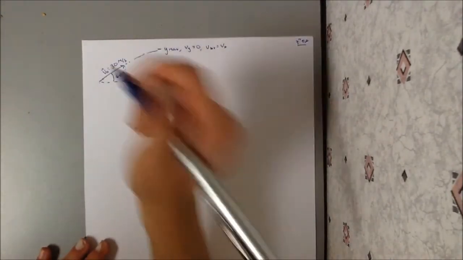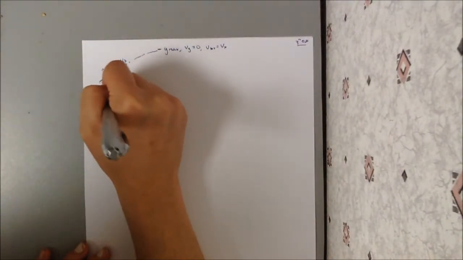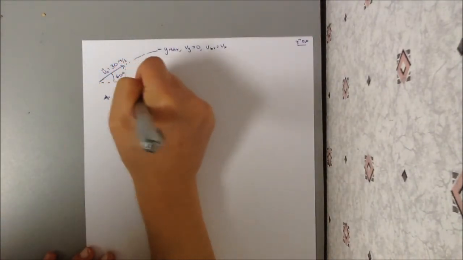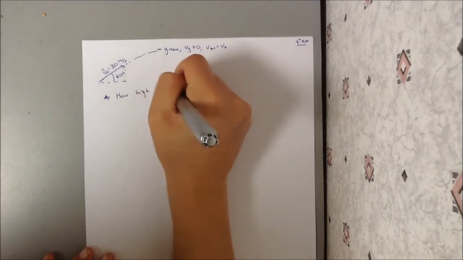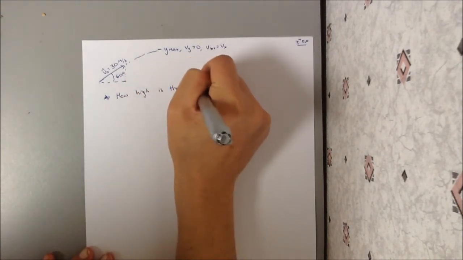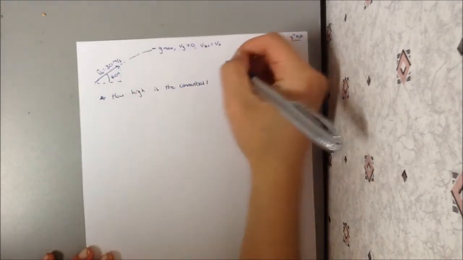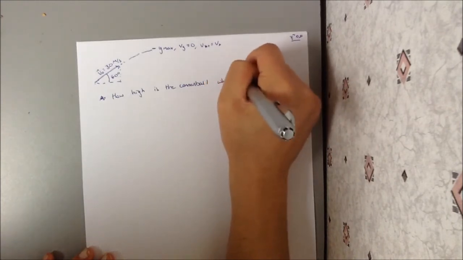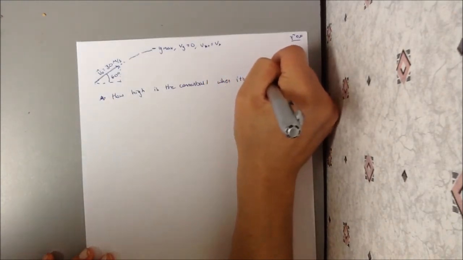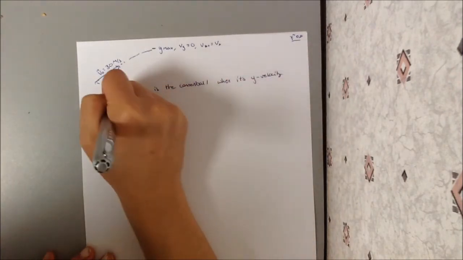So really when I ask what's the maximum height that the cannonball will reach, what I'm really asking is, how high is the cannonball when its y velocity is 0.